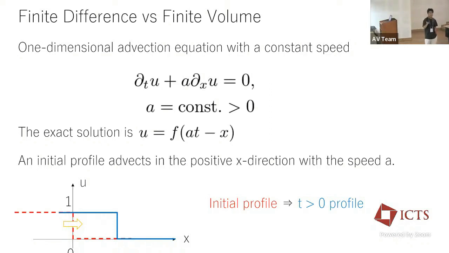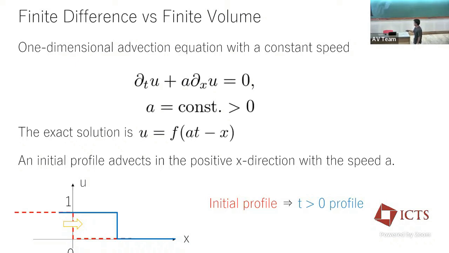But I want to ask you how to solve this equation given a discontinuous initial condition. For example, here is a schematic picture of the scalar field U as a function of x, and the red dashed curve is the initial profile. You have a discontinuity at x equals 0, a step function.